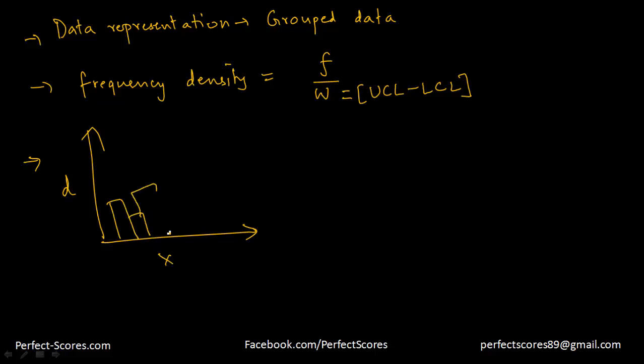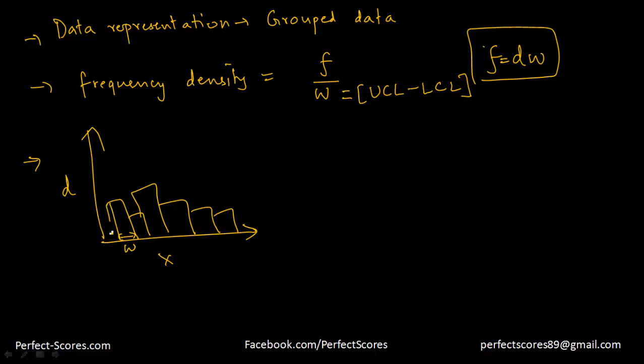And since frequency is equal to frequency density times width, the area denotes the frequency. So area is something which will give you the frequency, and based on this you'll have a lot of questions.